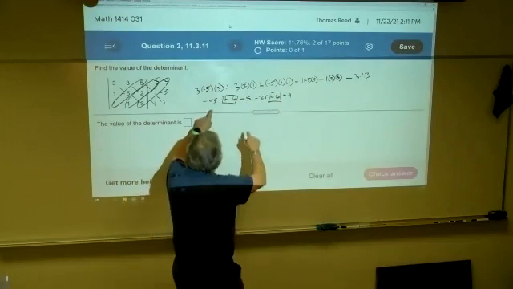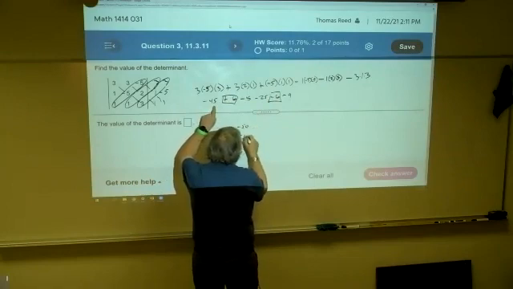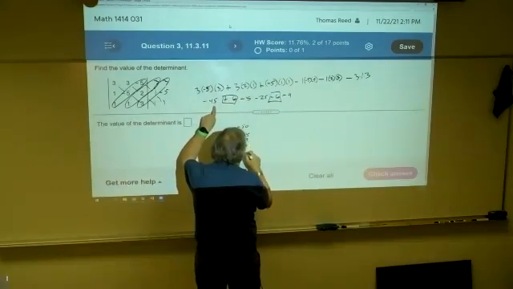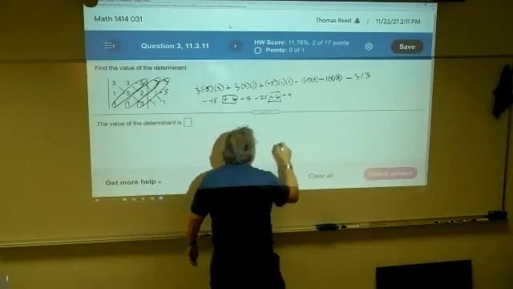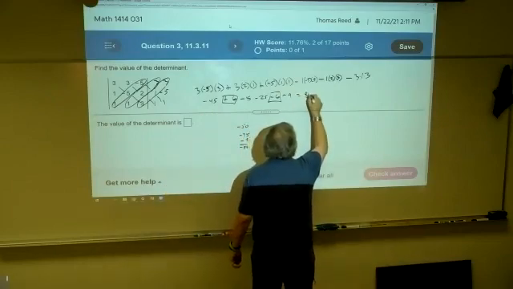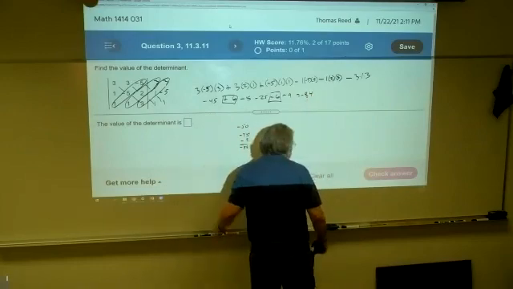So here I have negative 50. So I have a negative 75, because I'm going to add the negative 25 to that. And then I'm going to add the negative 9 to it, which gives me a negative 84. Let's see if I did it right.